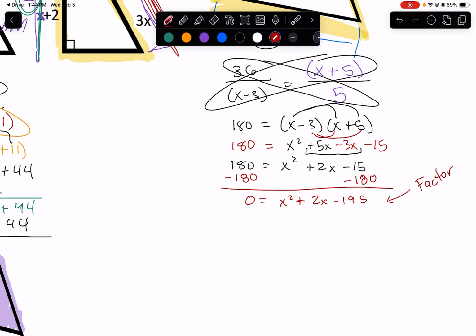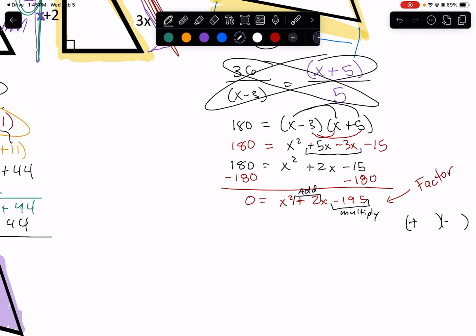Just make sure you only include the positive value when you are done for x. So I need two numbers that multiply to be negative 195, but add to be positive 2. So if it's a negative number that we're multiplying to be, I need one positive number and one negative number.